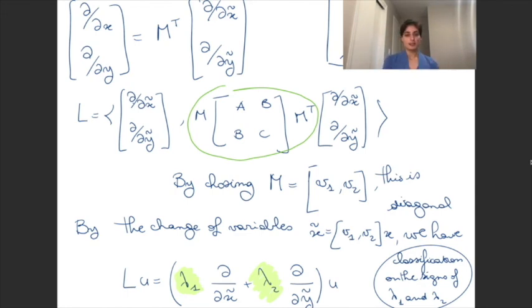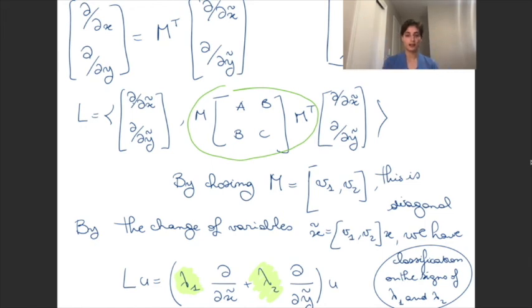So we do the same steps as before, and we can write the second-order linear differential operator L as this operator with derivatives with respect to x̃ and ỹ, and a matrix in the center that is M times A, B, B, C times M transposed. If we choose M being equal to v1 and v2, then this product is diagonal.